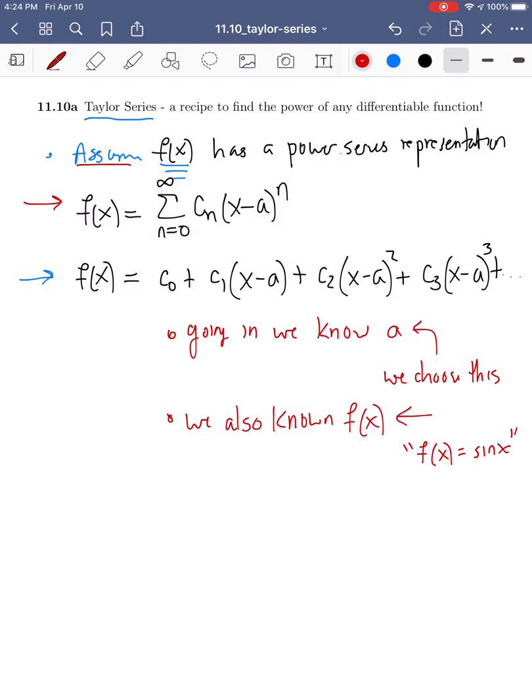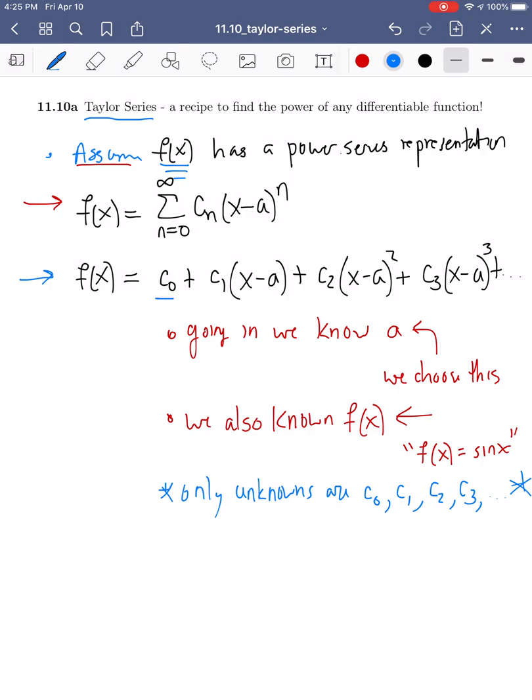So we know a, we know f of x. The only unknowns are all those coefficients, like c0, c1, c2, c3, etc. All those infinite amount of coefficients, those we don't know at that point.